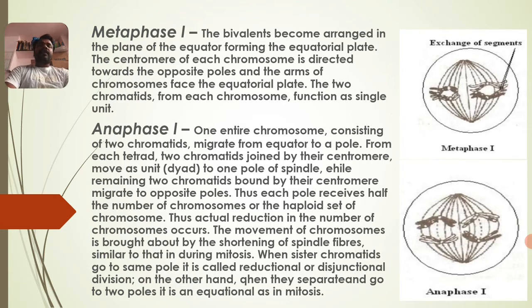In meiosis 1, there are 4 different phases: prophase 1, metaphase 1, anaphase 1 and telophase 1. Yesterday we already discussed prophase 1, which consists of 5 substages: leptotene, zygotene, pachytene, diplotene and diakinesis.